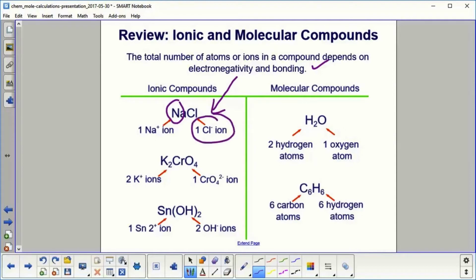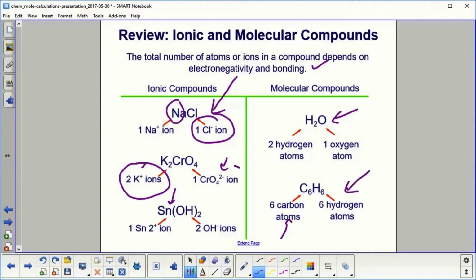Potassium chromate, 2 potassium ions, and you see the plus there for the potassium. 1 chromate, CrO4 2 minus, and then tin hydroxide. And what we have here is 1 tin ion, and we have 2 OH minus ions.